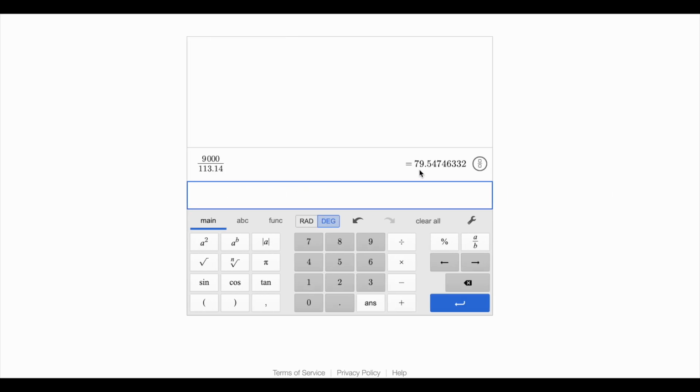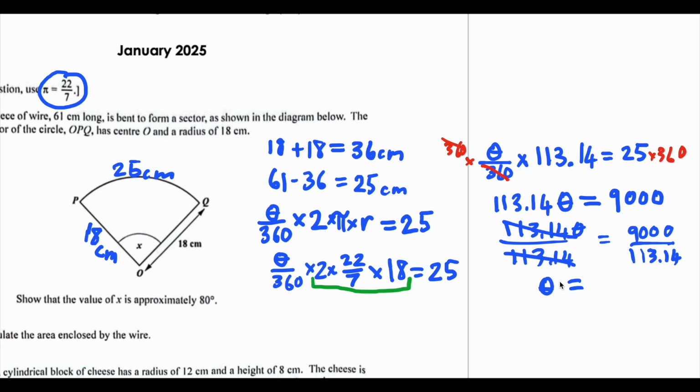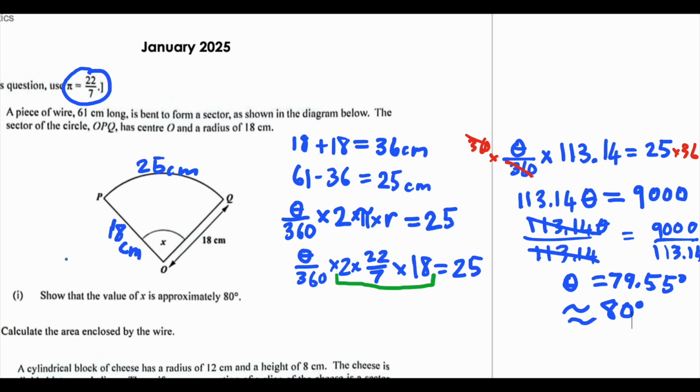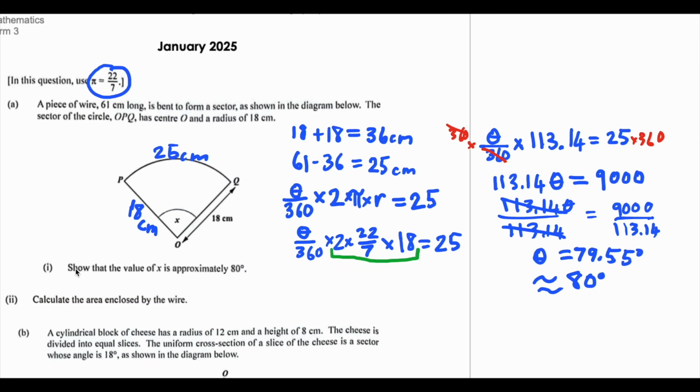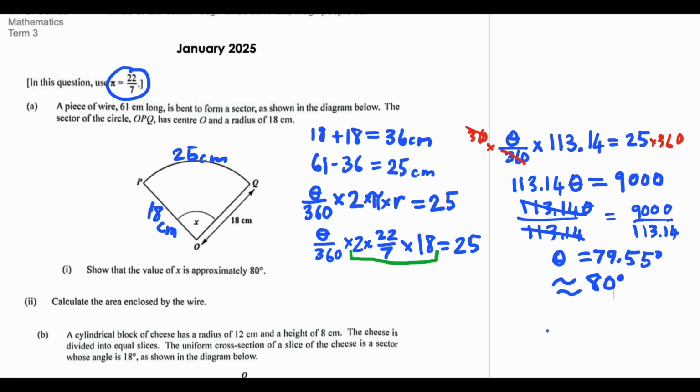Based off of this, my answer is 79.55, because this 7 would allow this 4 to round up. So 79.55, which is approximately 80 degrees. This is how I just proved that the angle here is approximately 80 degrees. Anybody got that? After, we'll try to work on calculating the area enclosed by the wire.